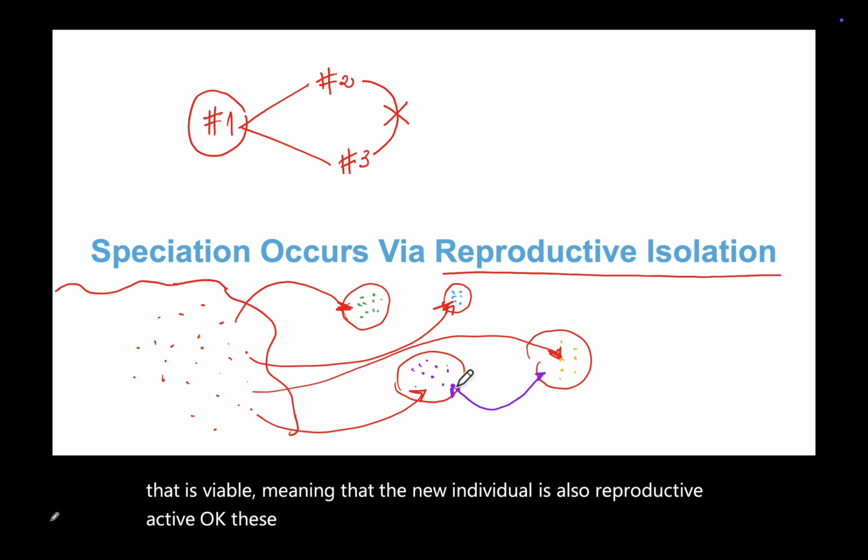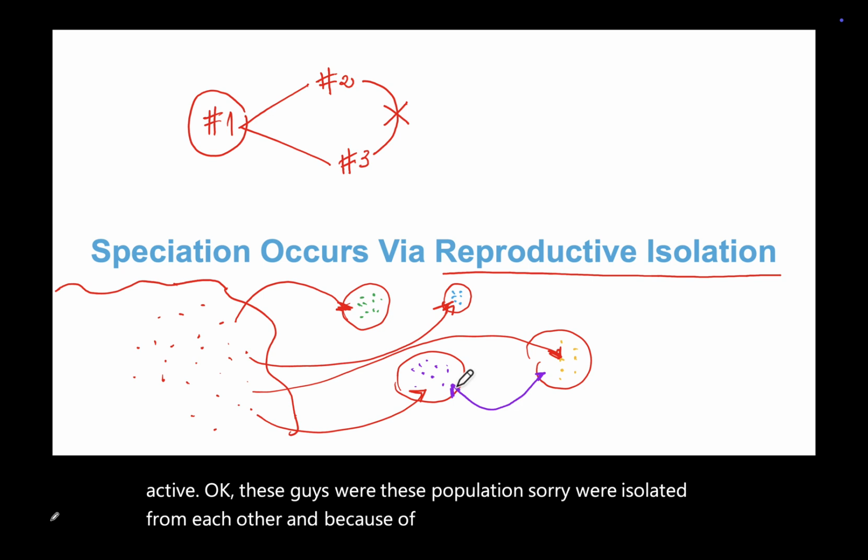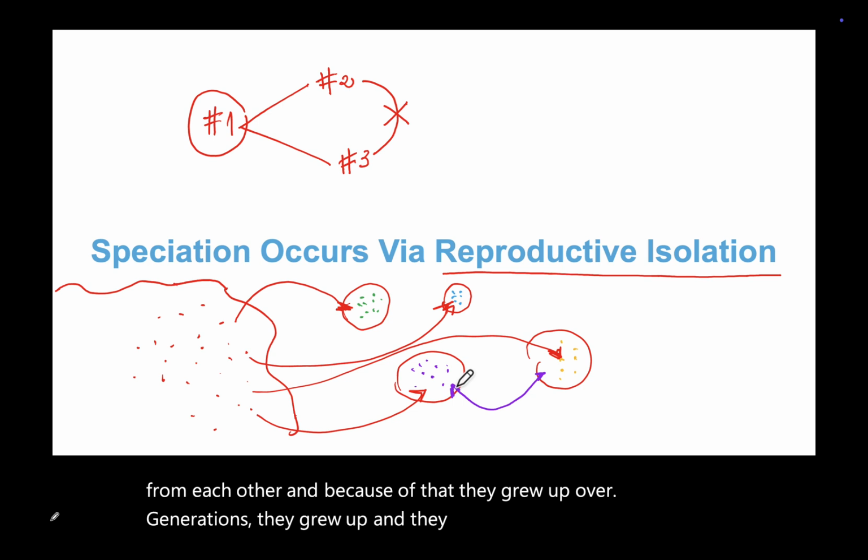These populations were isolated from each other. And because of that, they changed over generations, and they are now different species. Okay?